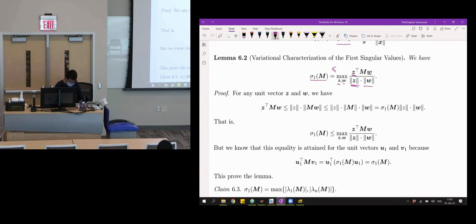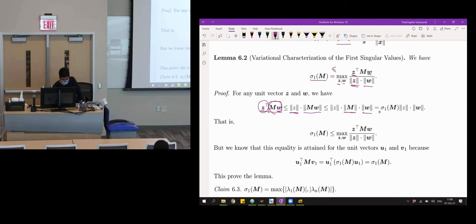If you take any z and w and multiply z to M to w here, then just by Cauchy-Schwarz, where one term is z and one term is Mw, you get this. And by definition of the norm, the norm of Mw is at most the norm of M times the norm of w.